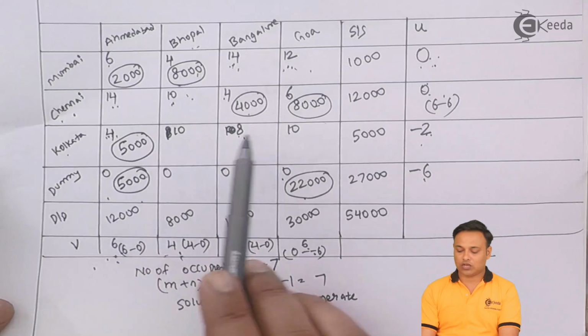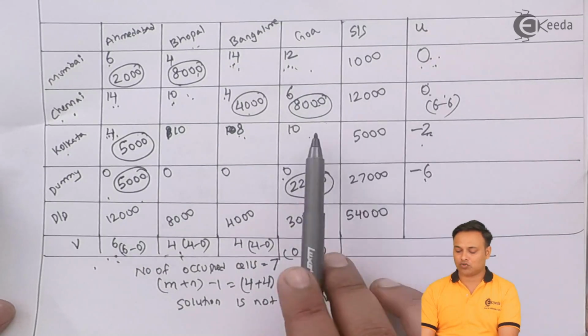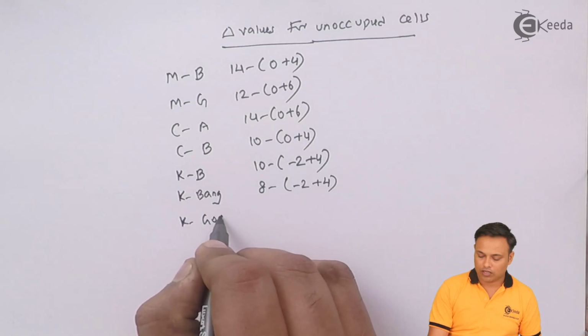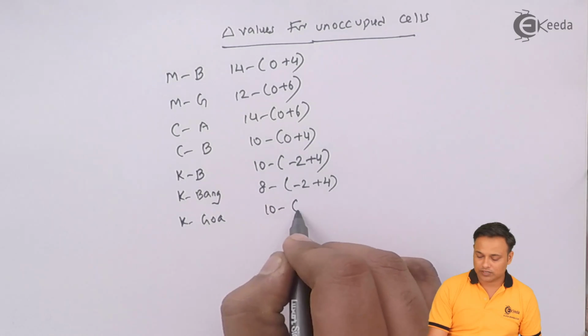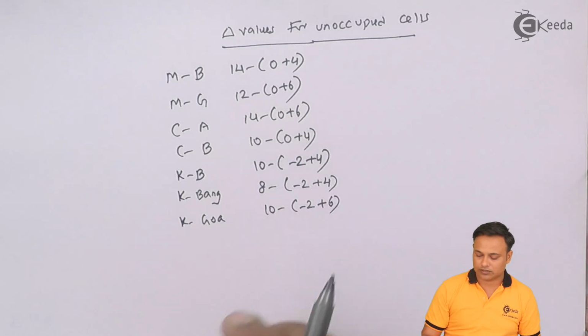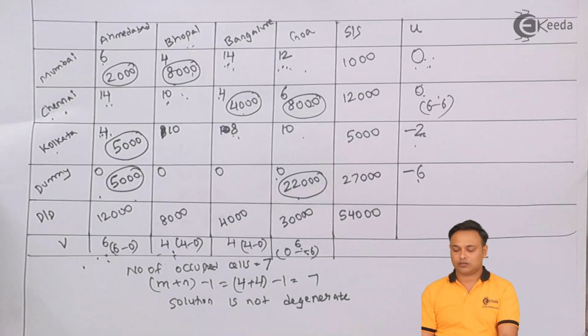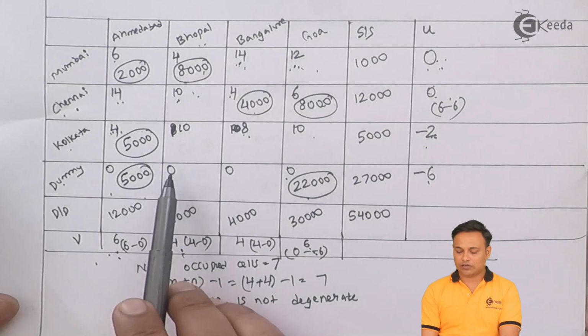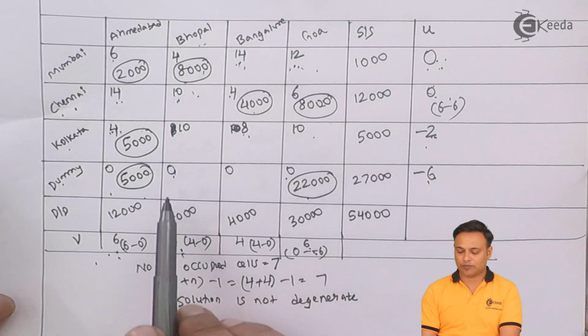Next is Kolkata, Goa, 10 minus 2 plus 6. For dummies, we have dummy Bhopal, 0 minus 6 plus 4.